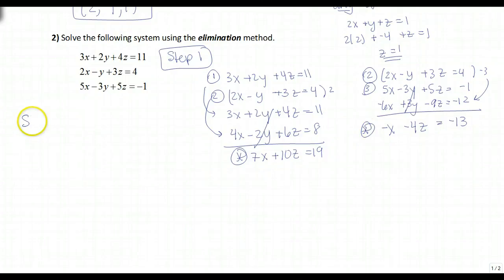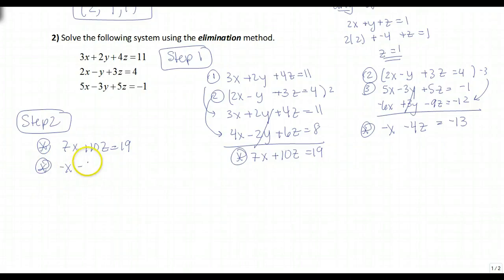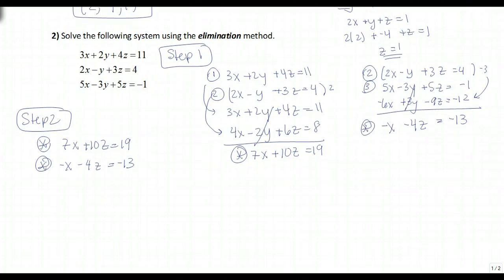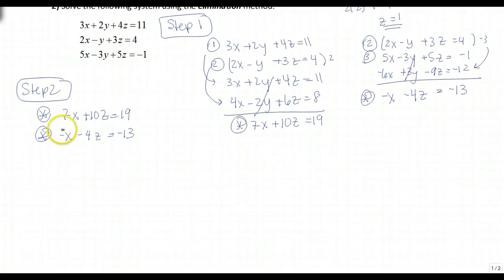So now I'm over at step 2. I need to use my star equations to eliminate a variable. 7x plus 10z equals 19. And negative x minus 4z equals negative 13. So personally, I think it's easiest now to eliminate x. So I'm going to multiply this equation by 7.